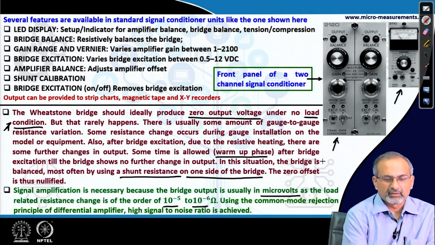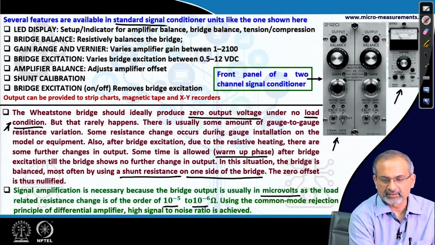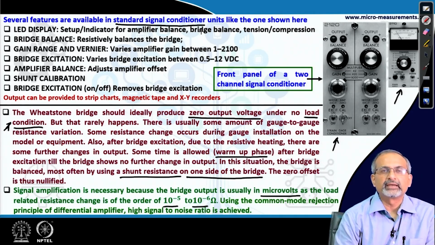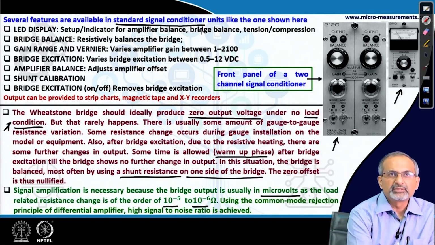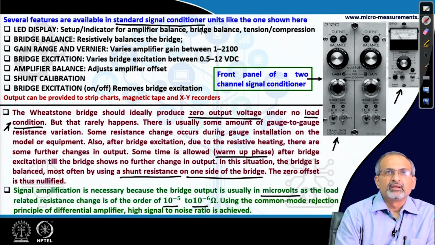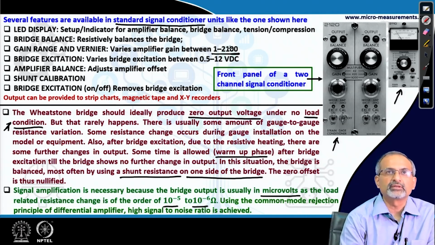So, some of the features which are available in a typical standard signal conditioner of this kind are: there could be LED displays to show the setup indicator for amplifier balance, bridge balance, a tension compression situation, bridge balance which is to be achieved resistively, gain range and vernier range which varies the amplifier gain over a wide range. Here in this unit it is between 1 to around 2000.